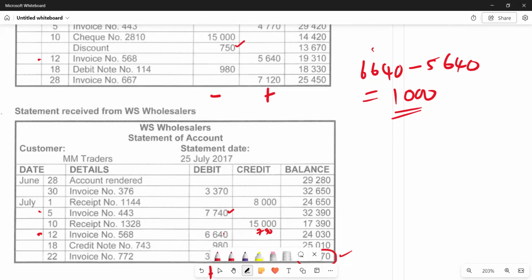A smaller figure was put because some of the goods were withdrawn by one of the employees. So what it means is we are supposed to add the 1,000 that is missing, so that it reaches back to the same amount that we're having on the statement. Remember, we said what we should see on the statement should be the same as what we are seeing on the ledger. So we are going to add another 1,000 here, so that it becomes 6,740.